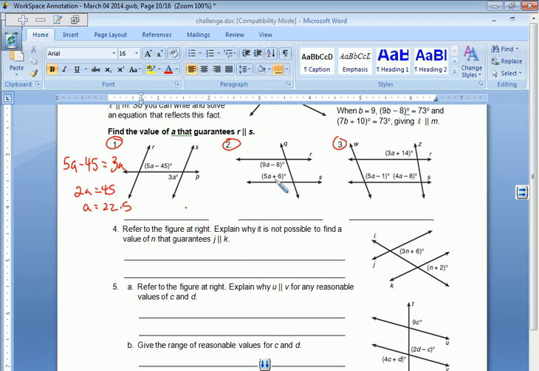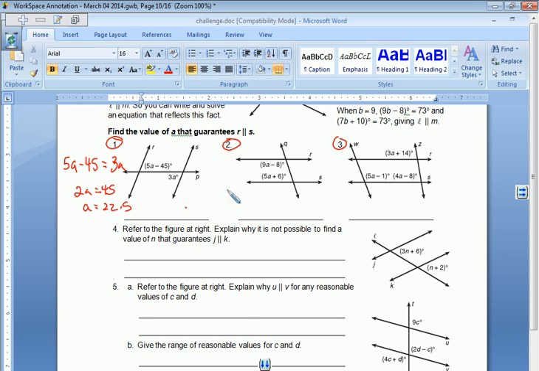Okay, number 2. What kind of angles are these? Same side interior. Yes, they are. Okay, Sabrina, what do we know about same side interiors?